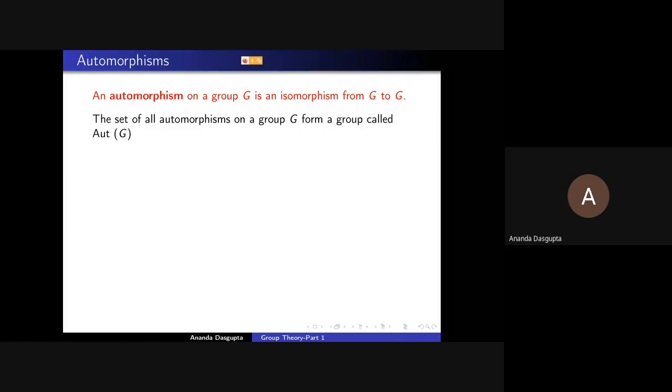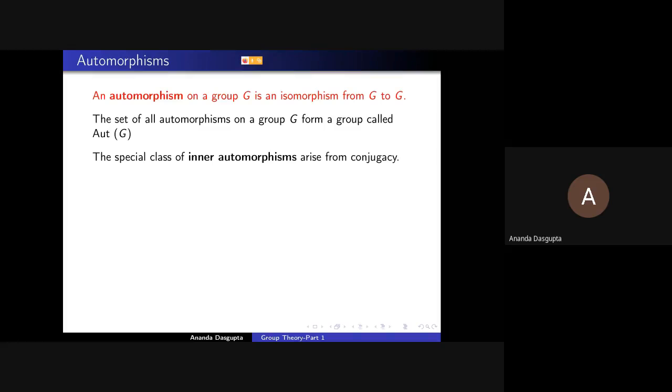And then you can ask, do the maps form a group under this composition rule? It's very easy to show that if you take all automorphisms of a group G and compose them together, the resulting set is a group. And this group is called Aut G, the set of all automorphisms of the group G.